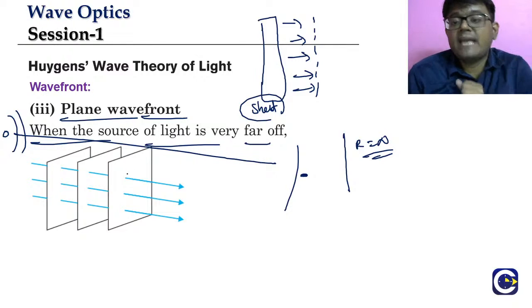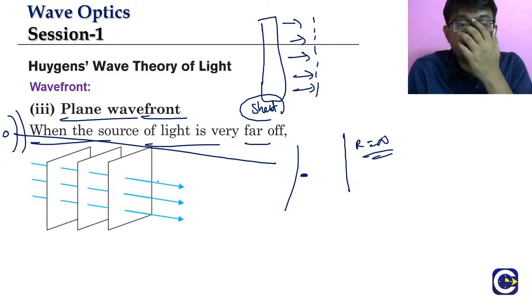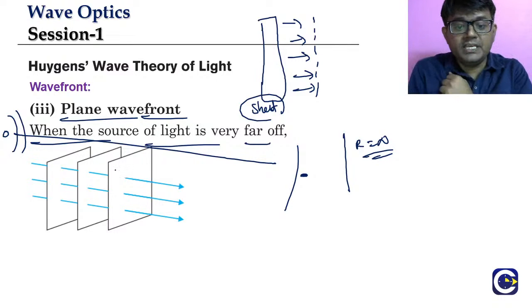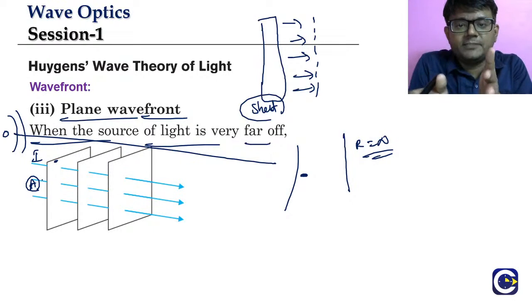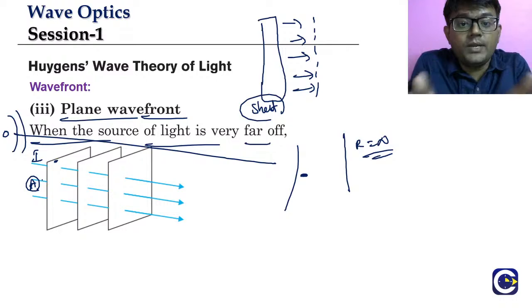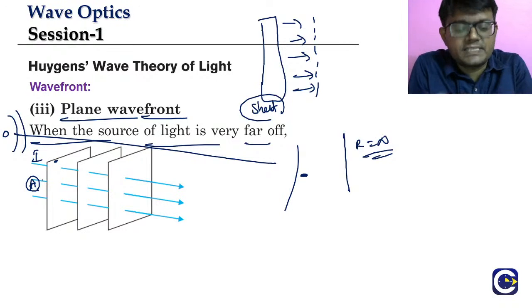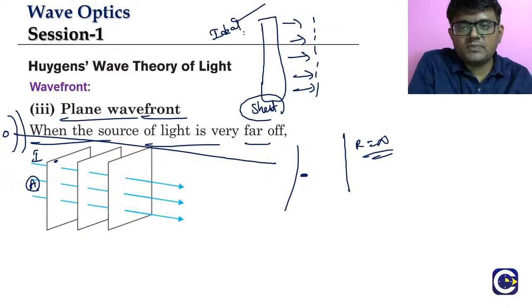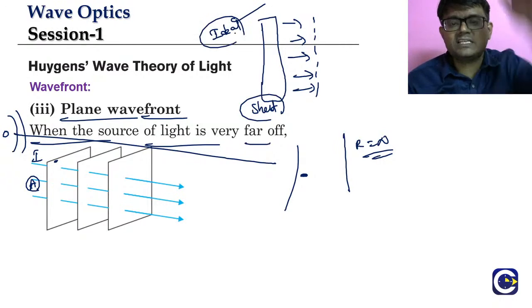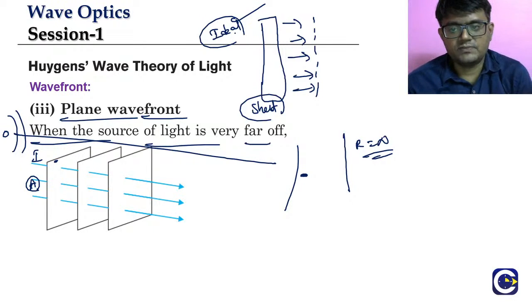Now in case of the plane wavefront, one thing that we will be able to observe is that the intensity or the amplitude will be constant, because they are no longer going to vary with respect to the distance, since we are already very far from the source. This is the ideal case: a very large plane sheet kind of a light source.